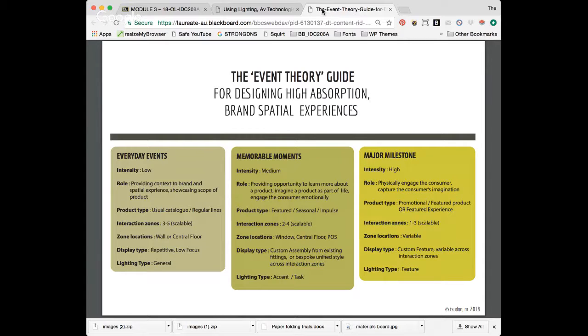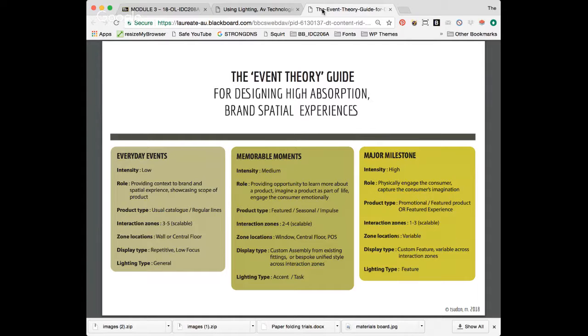If you're designing a memorable moment, you want the intensity of the experience to be of medium level. You want the product type displayed on those displays to be featured, seasonal or impulse-based purchases. 2 to 4 interaction zones is usually ample within a standard tenancy. These can be located on windows, on central floor, on point of sale. You also want the display type to be more customary.